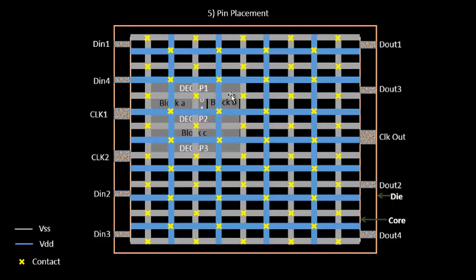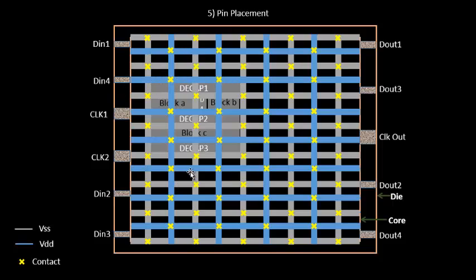So we plan to place it over here, and we'll put some buffers for this particular block B to come out to clock out. There are also some cells placed over here that refer to Din2, and as a result Din2 is placed over here.